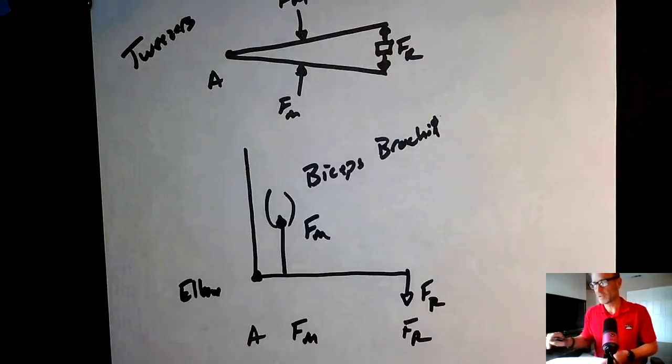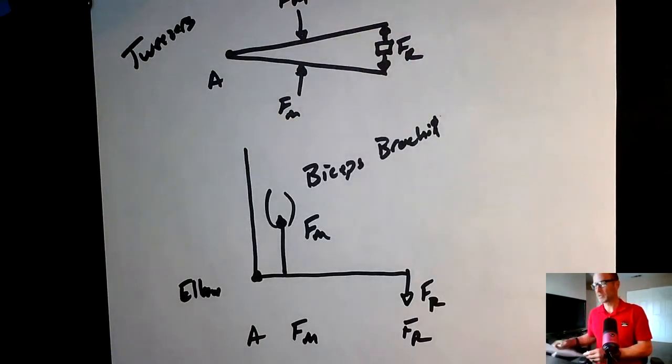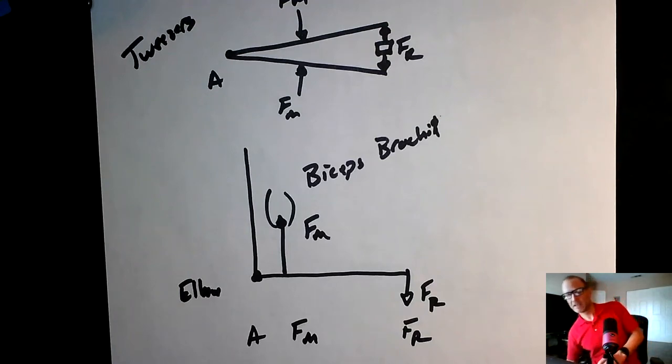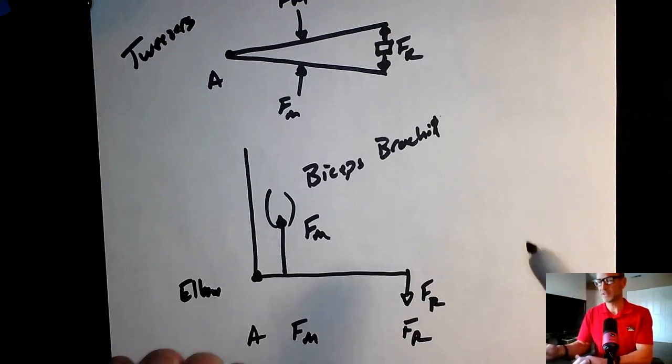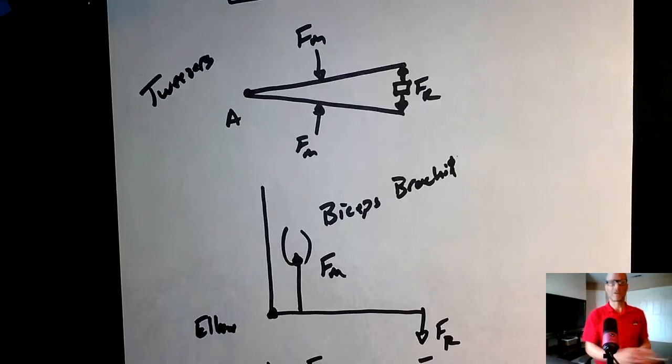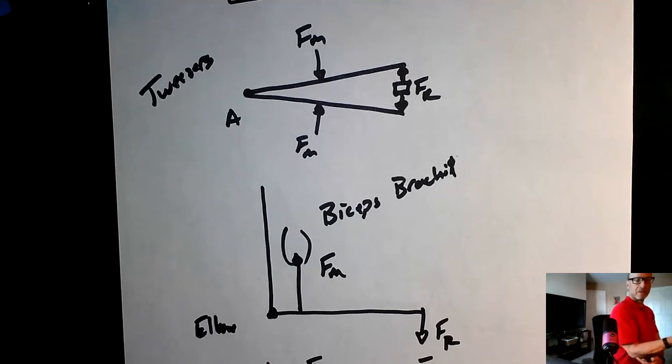There's lots of examples of a third-class lever in the human body. I'm going to use the elbow again, but this time I'm going to have the arm in this position. The microphone's in the way there. In this position, with the elbow being right here, the biceps brachii inserting on this side of the elbow, and then if I hold a weight, that would be the resistance force.